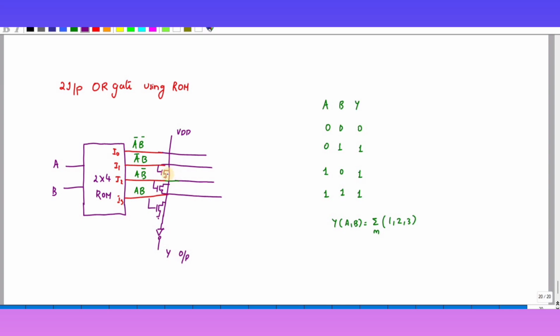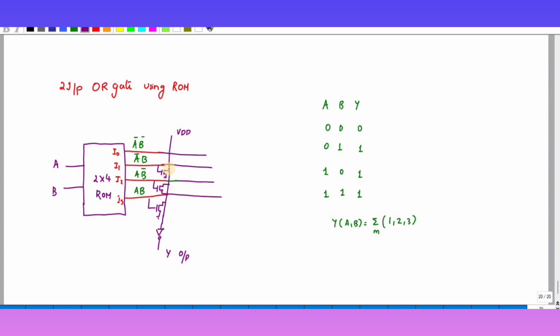You can see, to get the output of the OR gate, if this is an N MOSFET, whenever I1, I2 or I3 is 1, these MOSFETs turn on, and therefore the VDD goes to the ground.